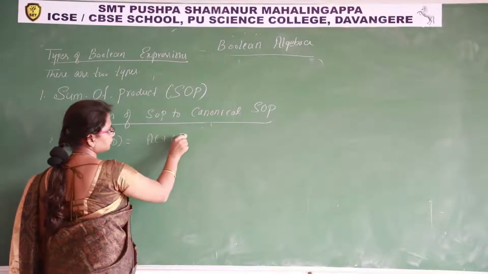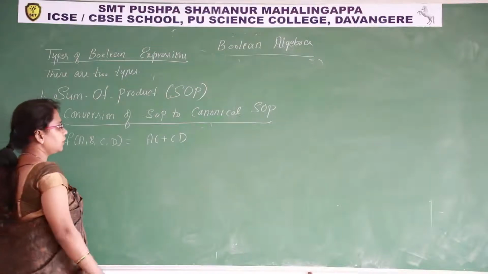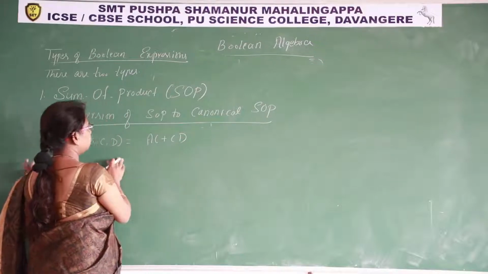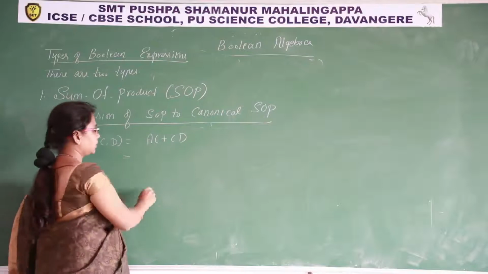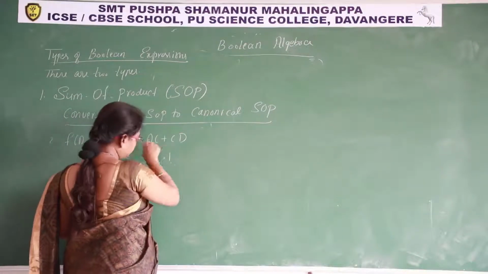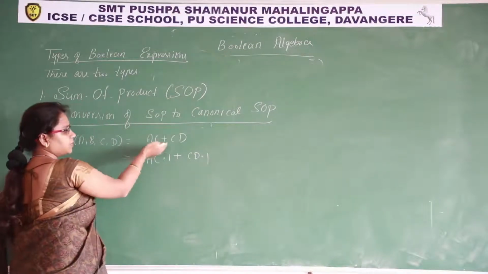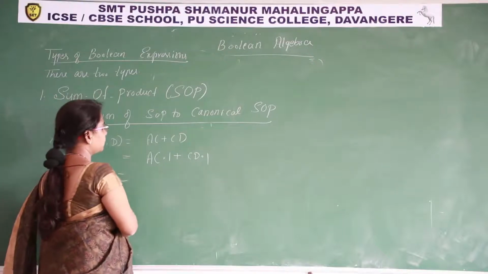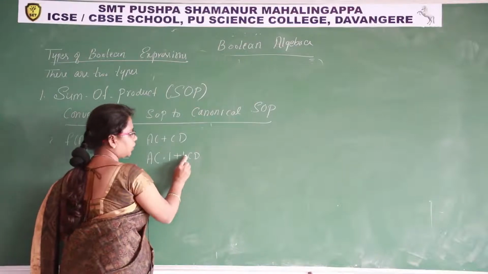Total how many variables are there? 4 variables. Here 2 variables are missing, here also 2 variables. So let us replace those variables, one by one first. A C into 1 plus C D into 1. Again we get the same expression here. So which variable do you want to replace? You have to write these literals in order. So I'll write 1 dot here.